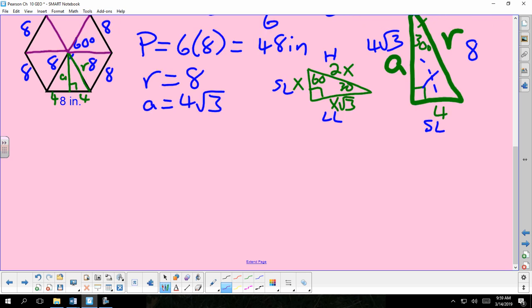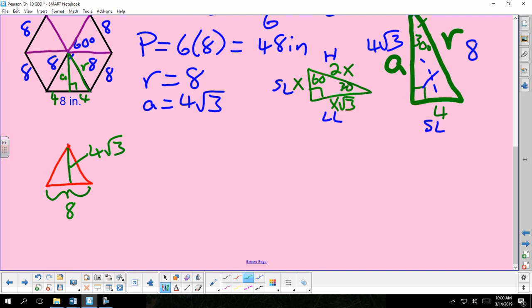Sure, that apothem that we just solved for, that's the height of the equilateral triangle. Right? So my height is 4 root 3. The base is 8. So what's going to be the area?